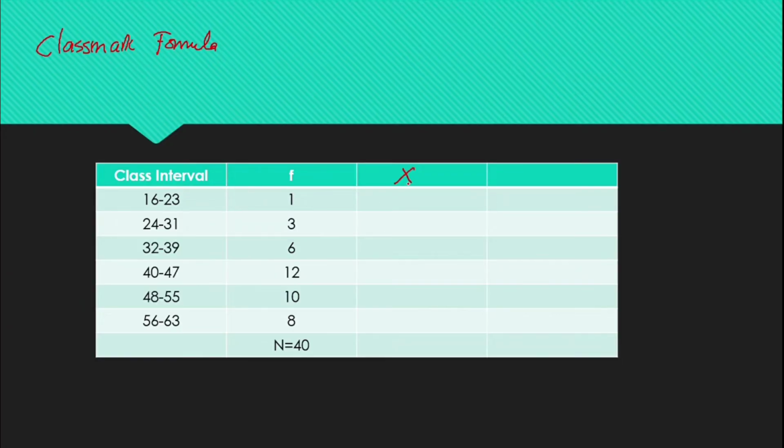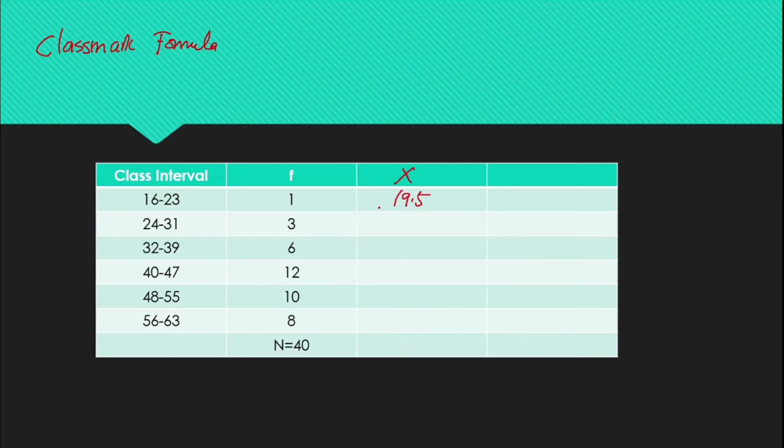The midpoint is found by getting 1/2 of the sum of the upper limit and the lower limit. So as we have remembered all about the class mark, we add 16 plus 23 divided by 2, and we have the class mark of 19.5.